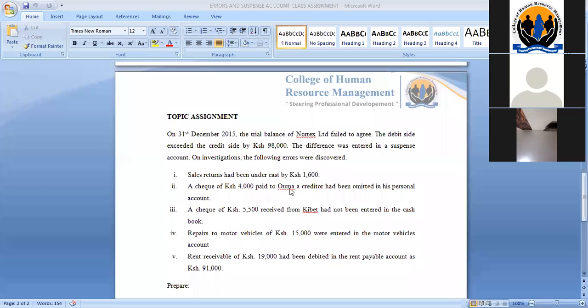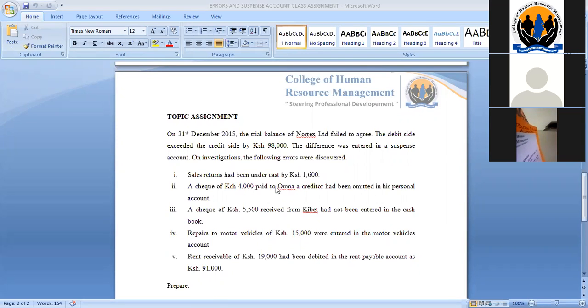For example, if we were supposed to pay this creditor Ouma maybe 10,000, the 10,000 will be on the credit side because we are creating a liability, and when we are creating any liability, we normally credit the liability account. But when we are paying the liability, we normally debit.